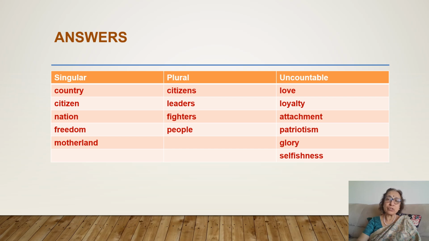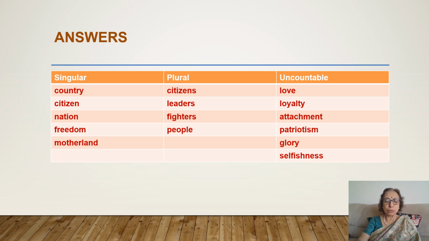Now, nations is possible. So it is a singular noun. Leaders is the plural form, so we've put it in the second column. Then patriotism. Patriotism is again non-count. We don't say patriotisms. Then you have fighters, freedom fighters.